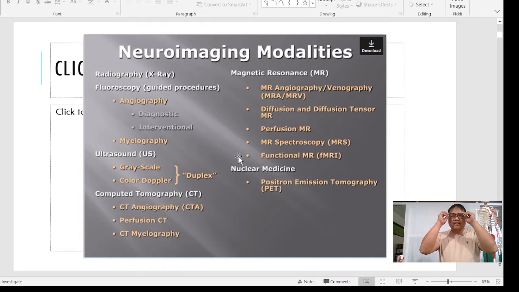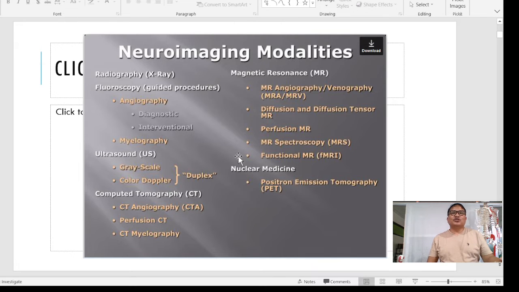Then you have ultrasound. In ultrasound, usually we use the Doppler. Again, this is for studying blood vessels, especially in the neck area. Then you have your computed tomography, the CT scan. So you have CT scan angiography.